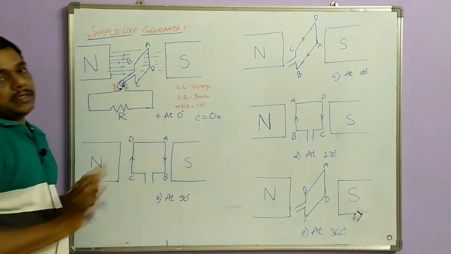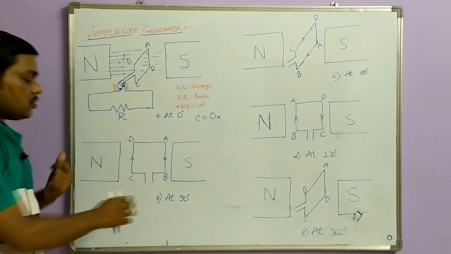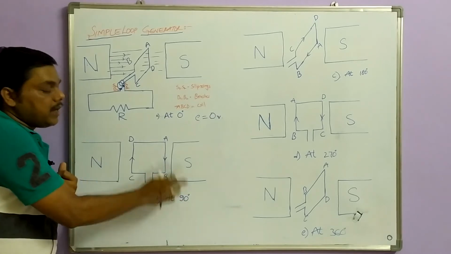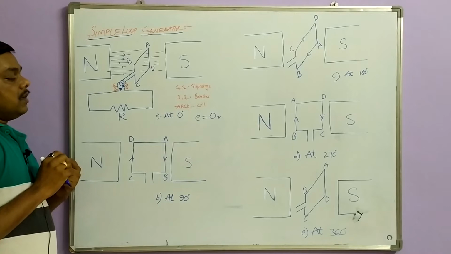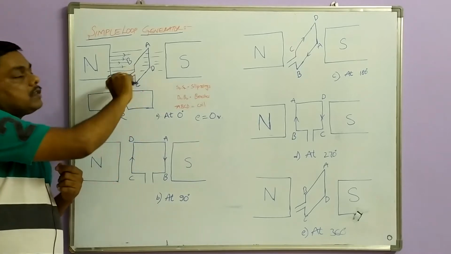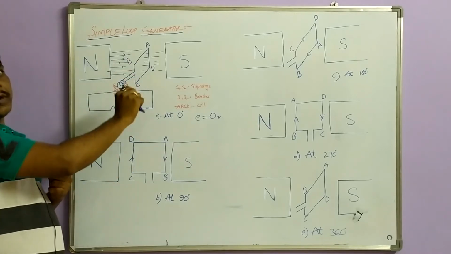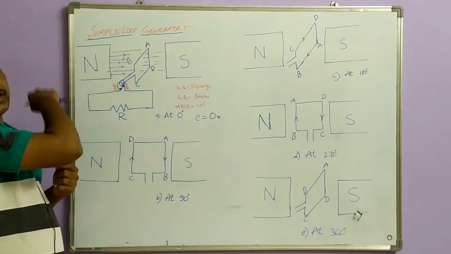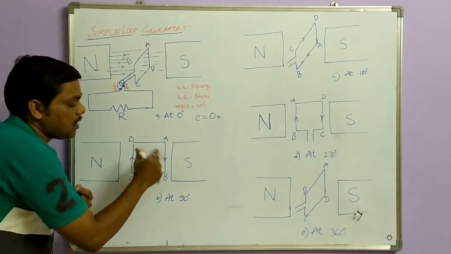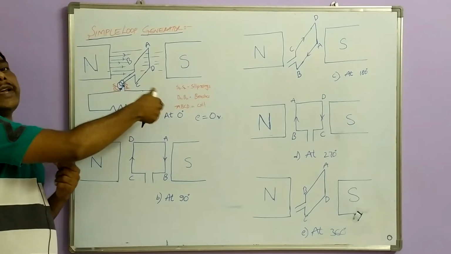So you can say that the induced EMF is 0 at 0 degrees. Now we will move to the second position at 90 degrees. Now I am rotating this coil through a prime mover or some external mechanism to the right side, that means in the clockwise direction.